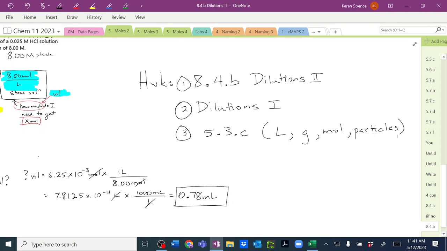Actually, there's two more things. 5.3a, that's fairly straightforward. It's just finding molarity. And finally, 5.4b.